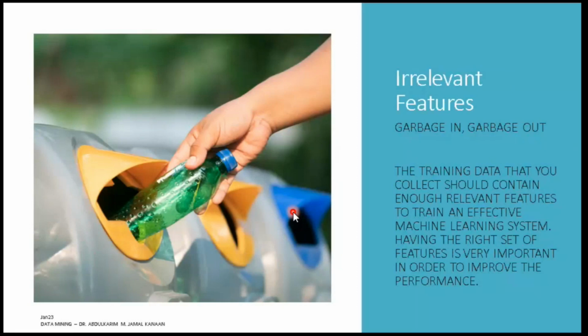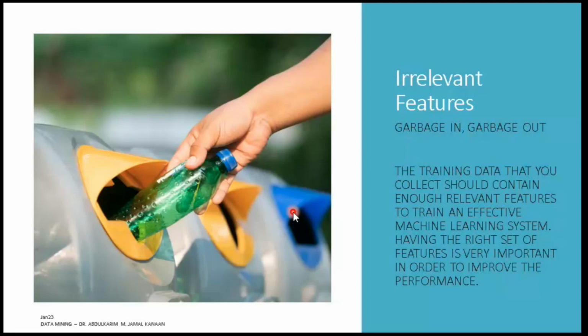Another challenge is irrelevant features. You are so happy, you just want to start training the algorithm, but you don't have the right data. You provided just any data you found to the training algorithm. So what's going to happen? Let's say you are trying to predict the car price, but you have some features inside your data set which are irrelevant, meaning it doesn't make any difference whether it has this value or that value. Then you are just introducing data which has no relevance whatsoever.